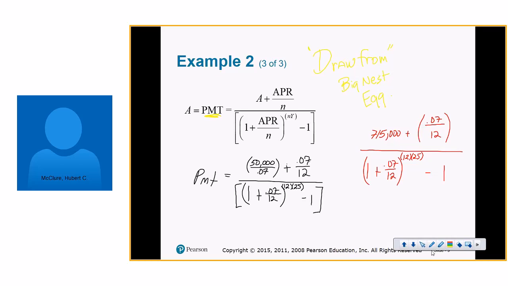All right, now I want y'all to punch that in the calculator. I want you to get a numerator, a denominator, and a final answer.